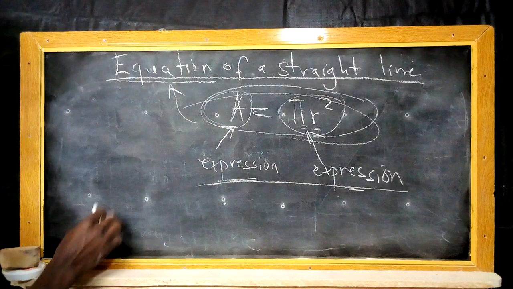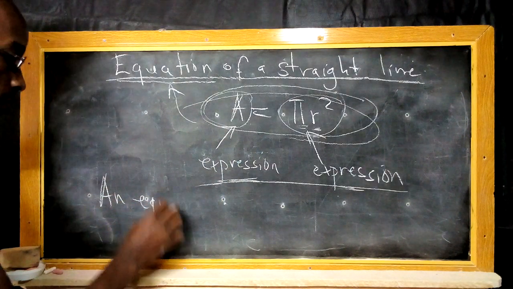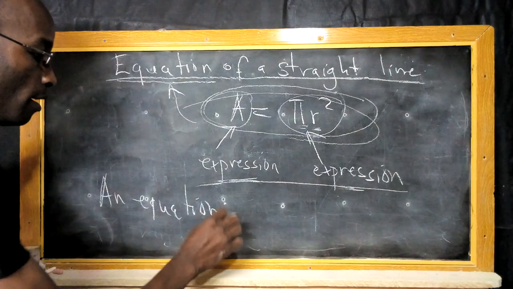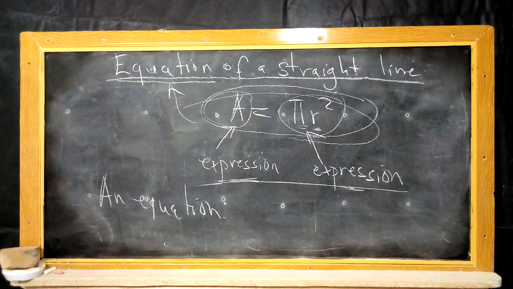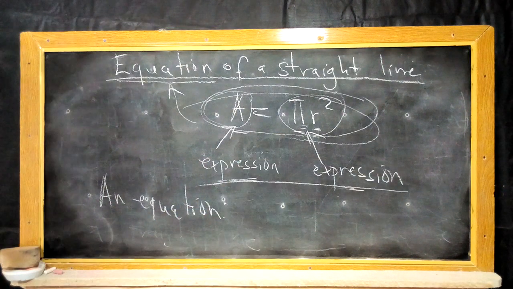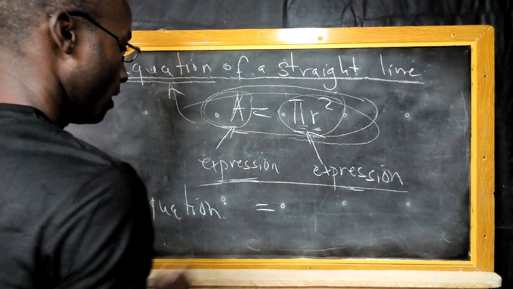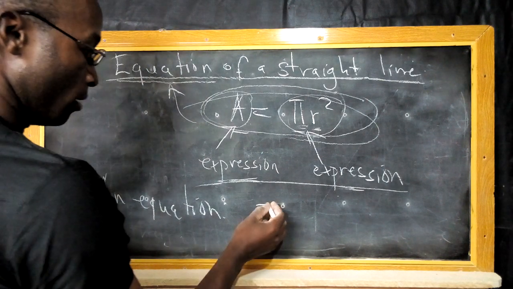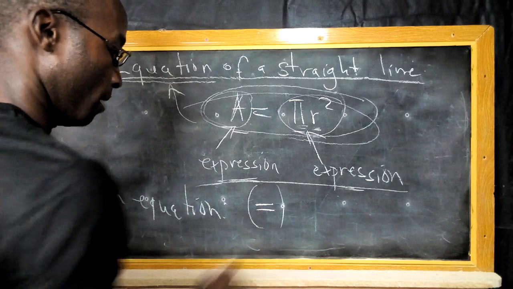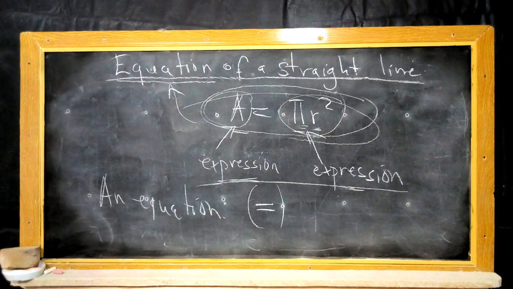So in actual sense, an equation refers to a statement that says that the values of the two mathematical expressions that we have written, for A and pi r squared, are equal, and it's denoted by the mathematical sign of equation, which equates a quantity with another one.